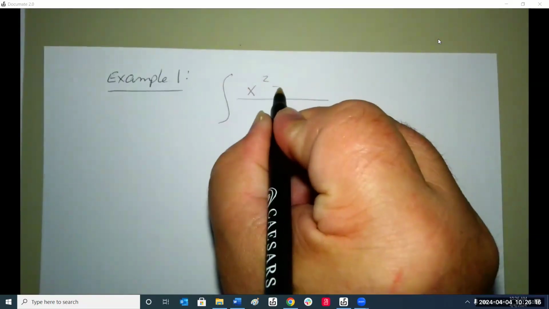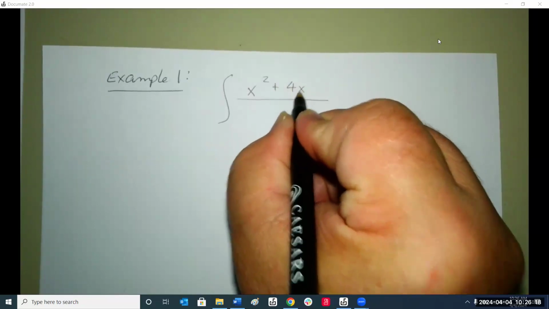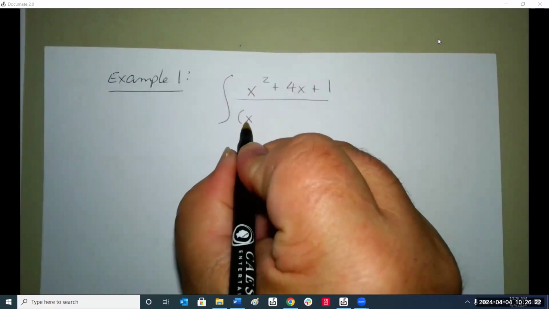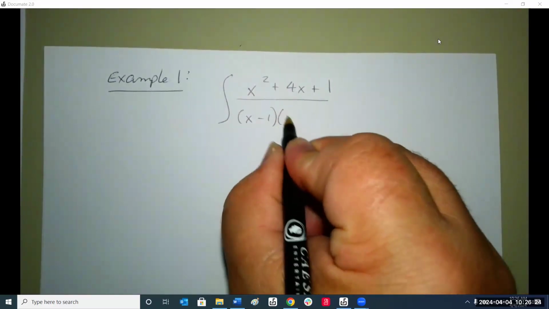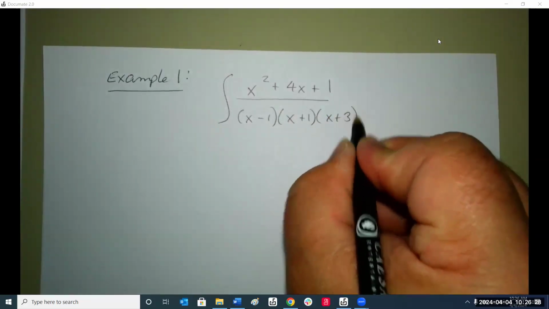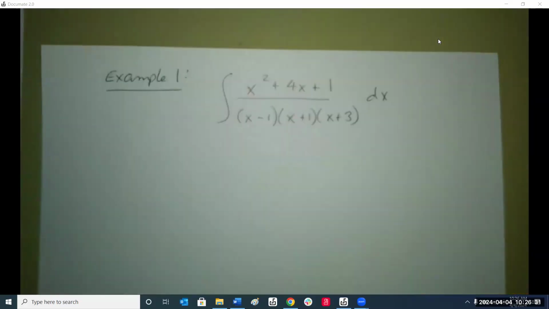The integral of x squared plus 4x plus 1 over x minus 1, x plus 1, x plus 3 dx.